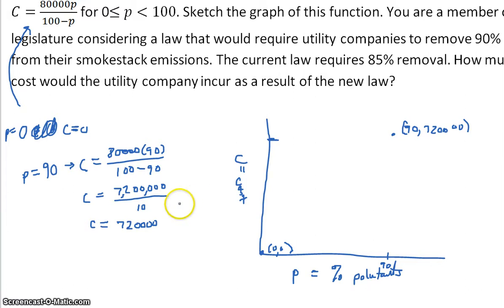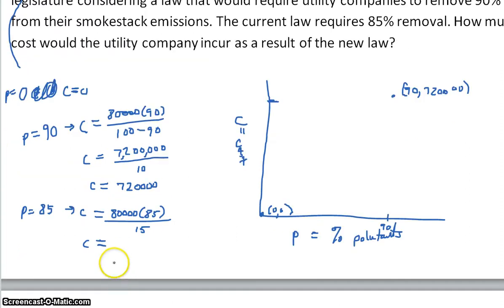Okay, so let's take a look at what happens at 85. This is what it's currently at. So we have 80,000 times 85 over 100 minus 85, which is 15. Well, 80,000 times 85 is going to be, well, let's get out the calculator and check this real quick.